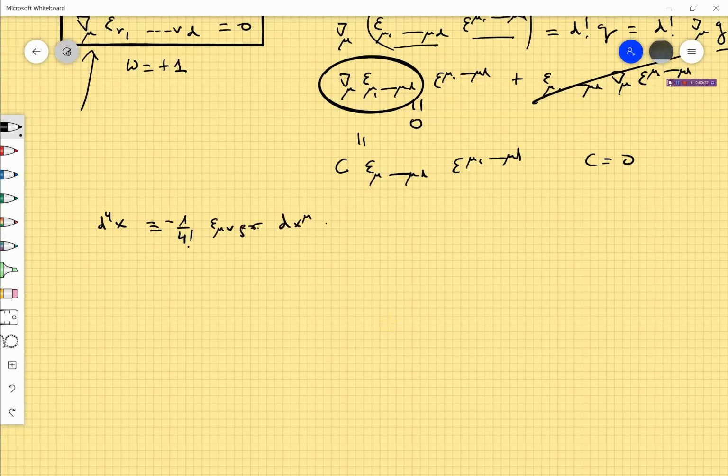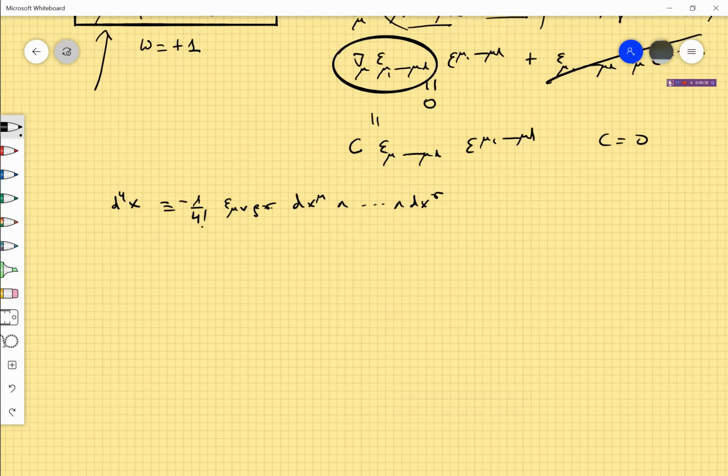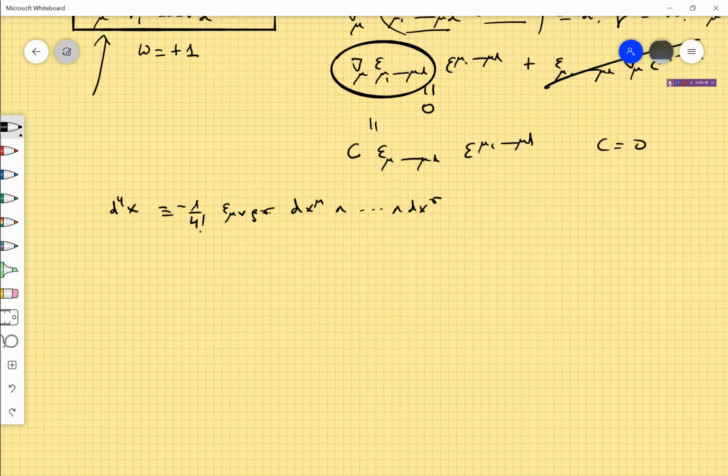And clearly now, since epsilon takes a different value, it is not plus or minus 1 anymore. In presence of a non-trivial metric, epsilon with the indices down takes the values g or minus g, where g is the determinant of the metric.